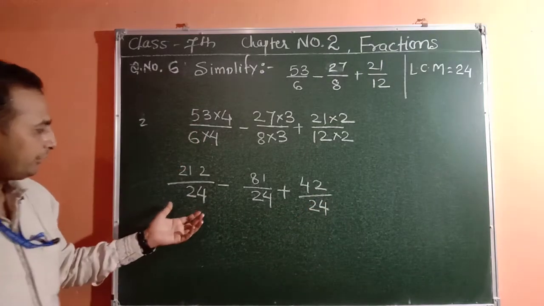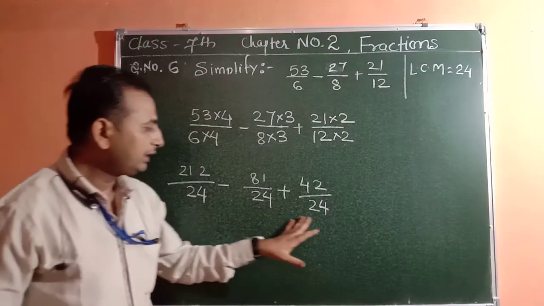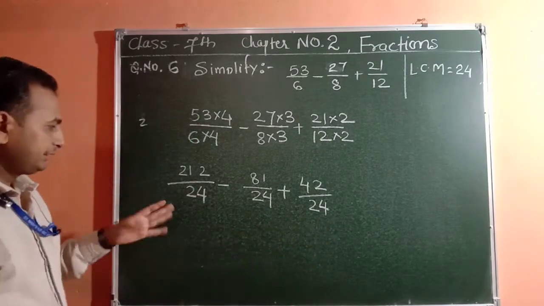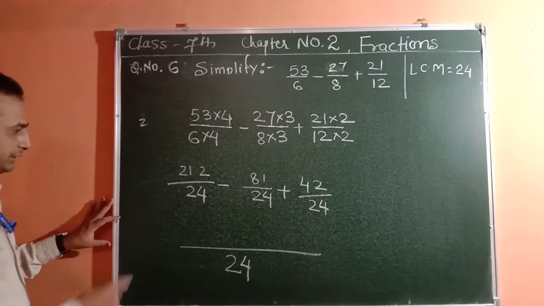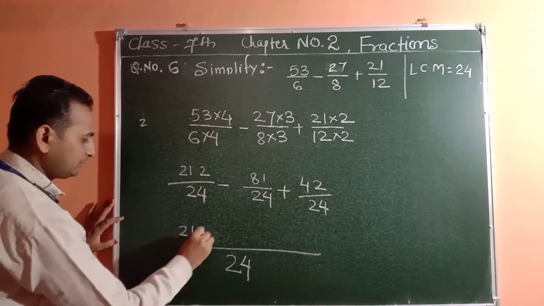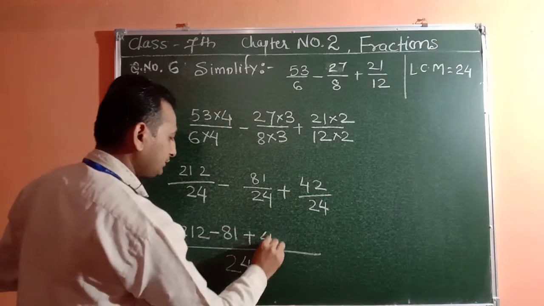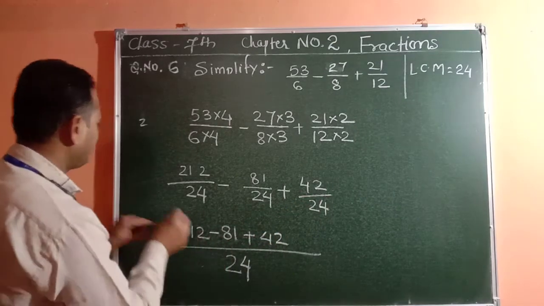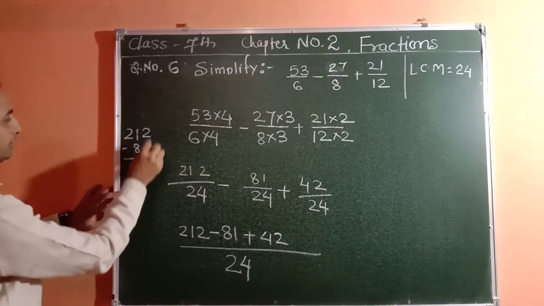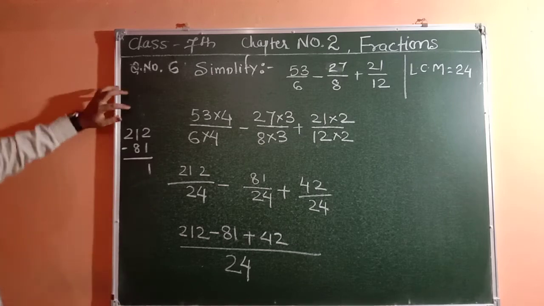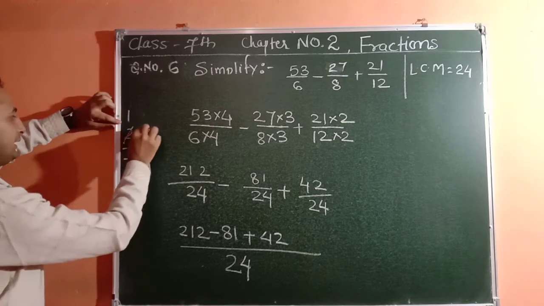Now you see all denominators are converted to 24 and all are like fractions. Then you easily get the solution: 212 minus 81 plus 42. Now 212 minus 81. 2 minus 1 is 1, and that 1 in the tens place converts to 10.